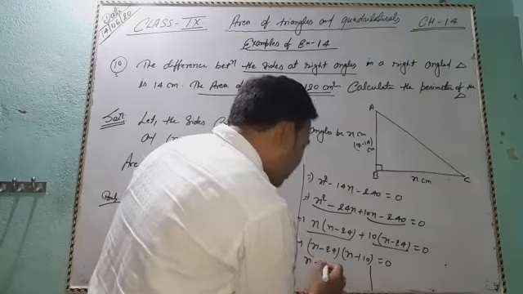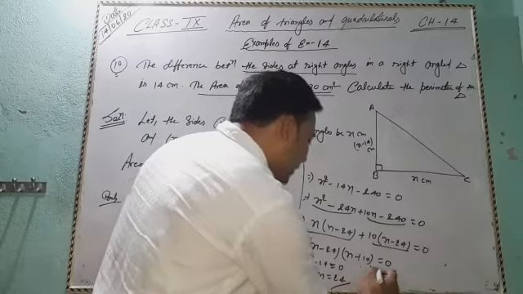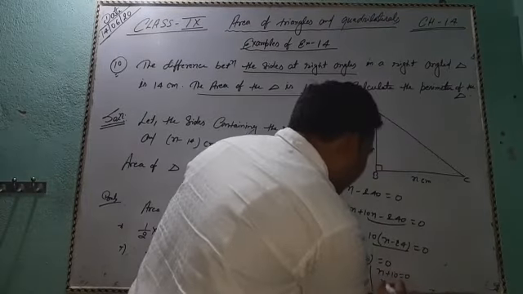If x minus 24 equal to 0, so x equal to 24, and x plus 10 equal to 0, x equal to minus 10.